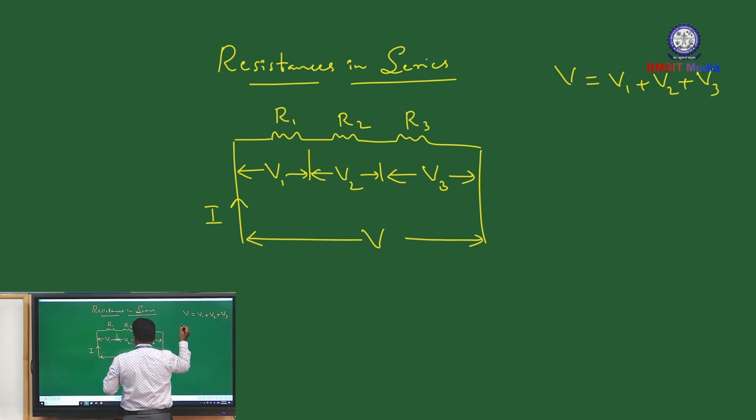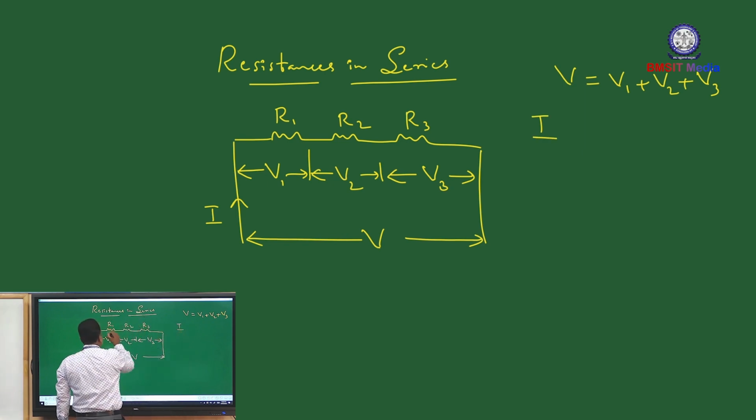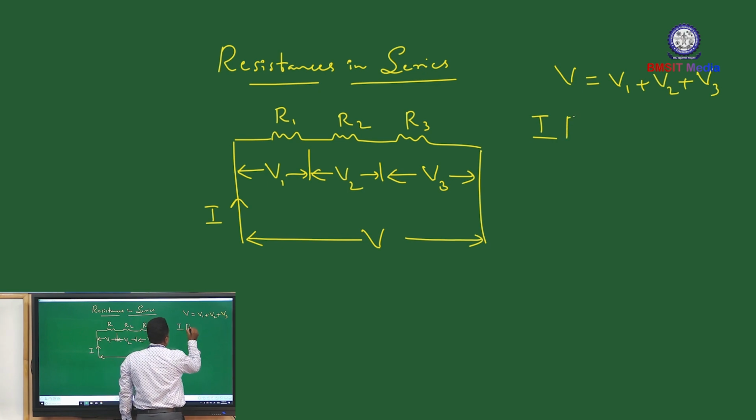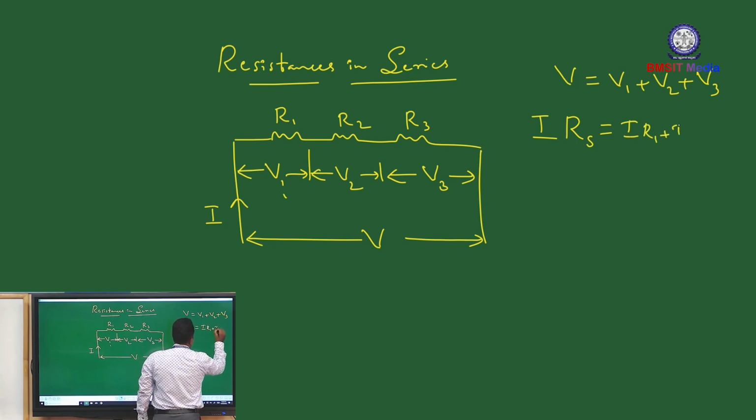This voltage is the total current I into the equivalent resistance of these 3 resistors in series. I will call that RS. V1 is I into R1, V2 is I into R2, similarly V3 is I into R3.